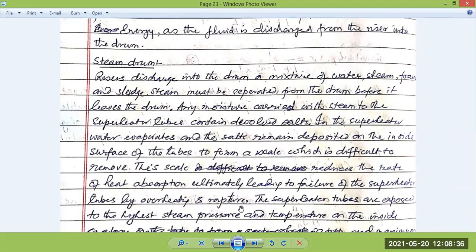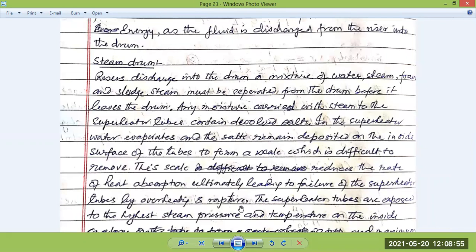So the risers are supplying steam and water, and at the same time certain slag and certain foam also. Steam must be separated in the drum before it leaves the drum. So from this mixture, you have to get the steam, not the other items.